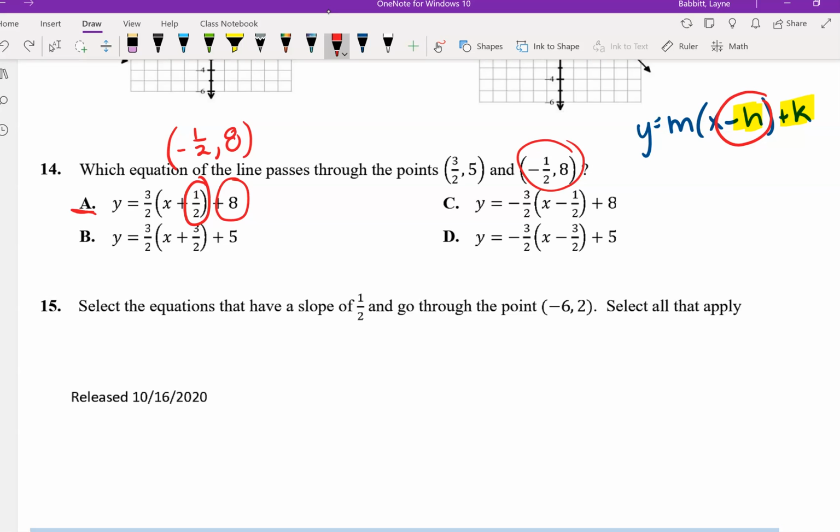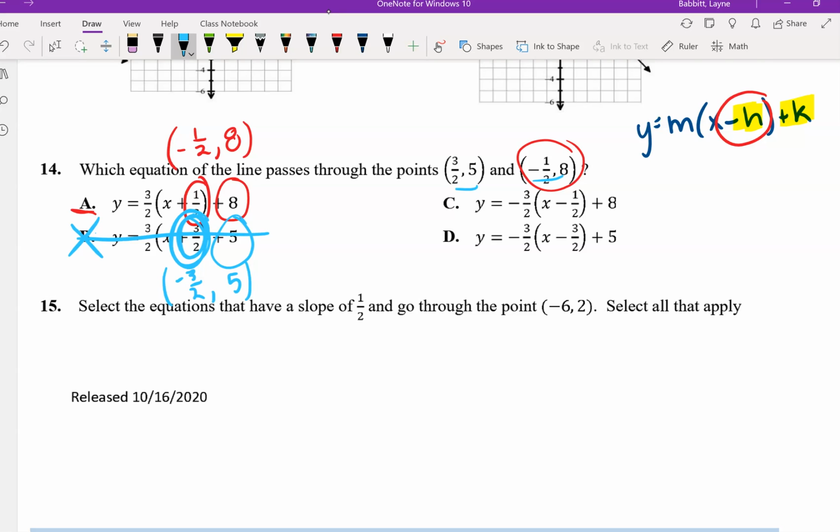If I look at B, I notice that it's positive 3/2 and positive 5. Well, that means that it contains the point negative 3/2, comma, 5, because we always do opposite of this one. That's not one of the points that we have here. So B is not one of our answer options. So A might be, but B is not.